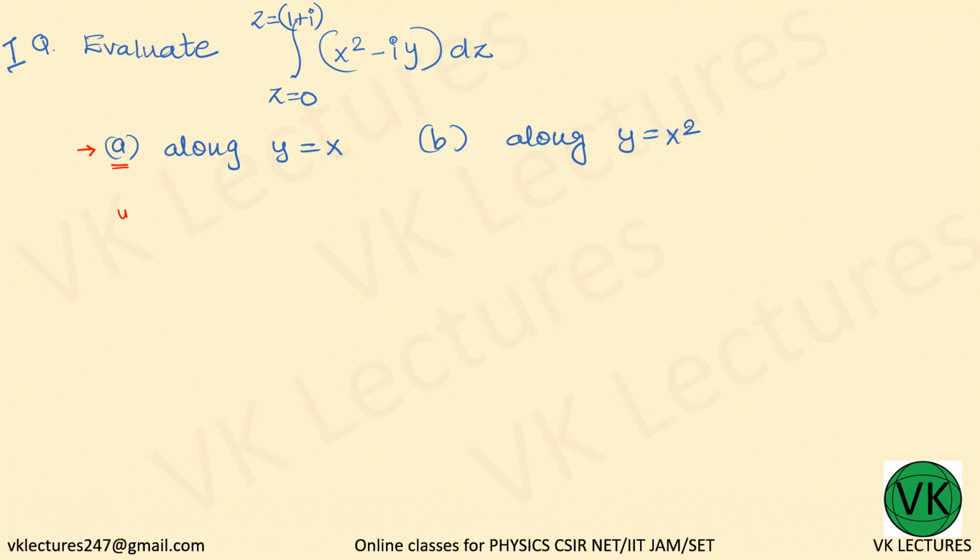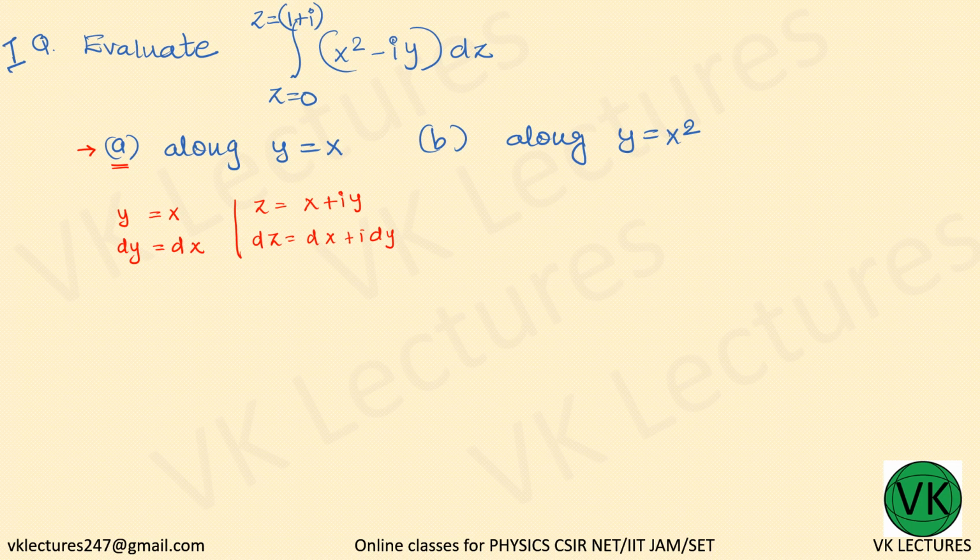Now if y equal to x, dy equal to dx. We also know that z is equal to x plus iy, which means dz is equal to dx plus i dy.